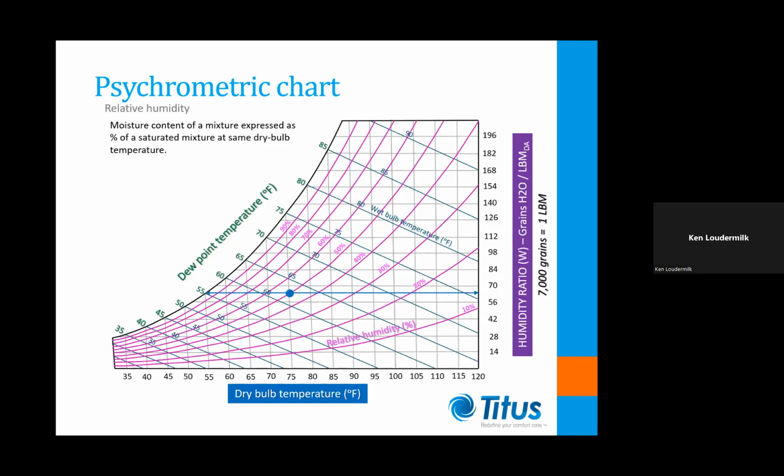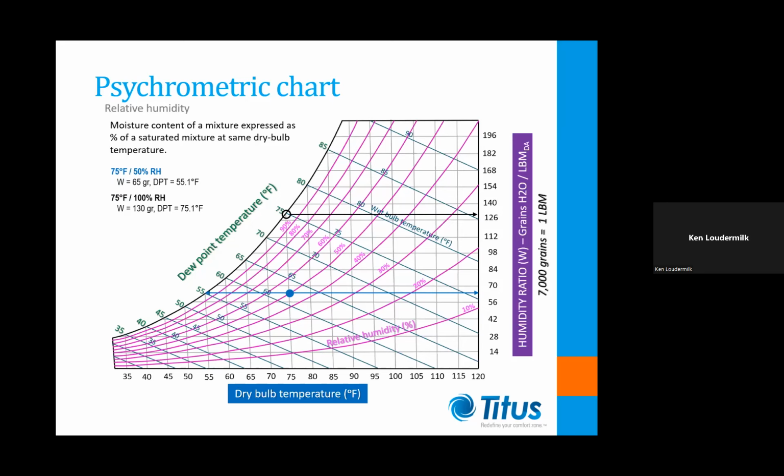For example, a mixture at 75-degree dry bulb and 50% relative humidity has a humidity ratio of 65 grains. A saturated mixture at the same 75-degree dry bulb temperature can hold twice as much moisture, or 130 grains.